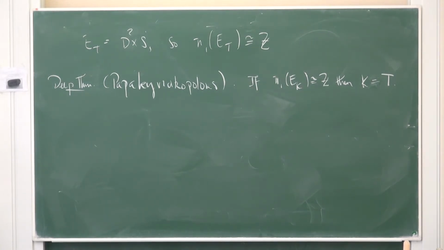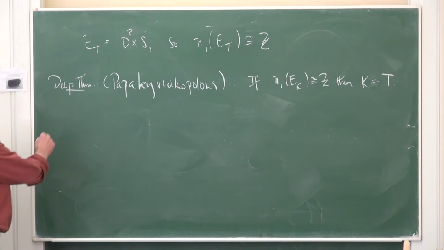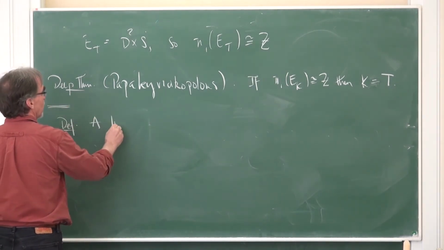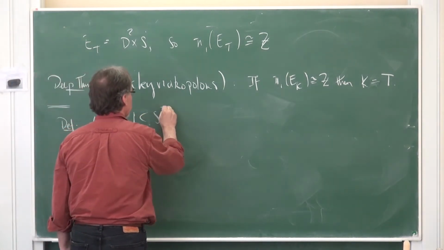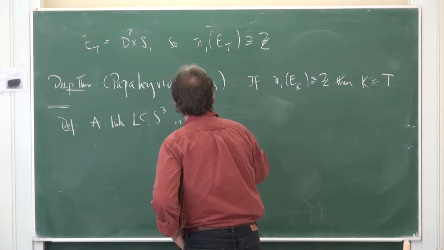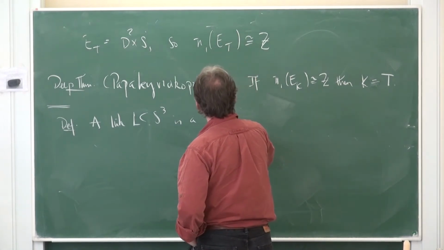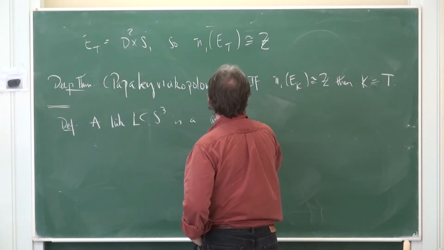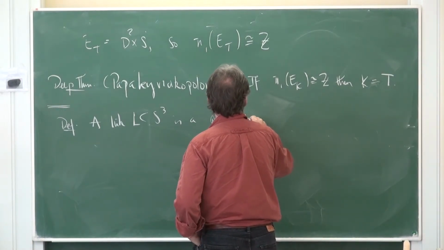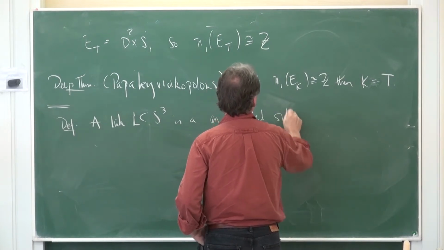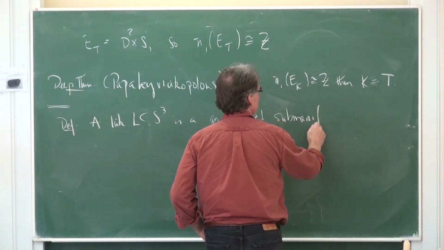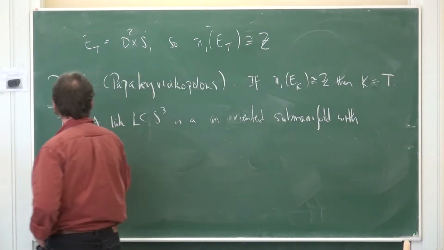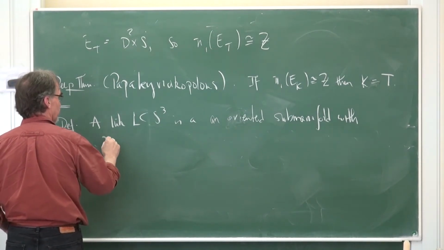Now, what I'm really going to be interested in today is not knots, but links. Well, that has knots as a special case. So a link L in S3 is an oriented embedding, an oriented submanifold, with L, say, diffeomorphic to a collection of circles.